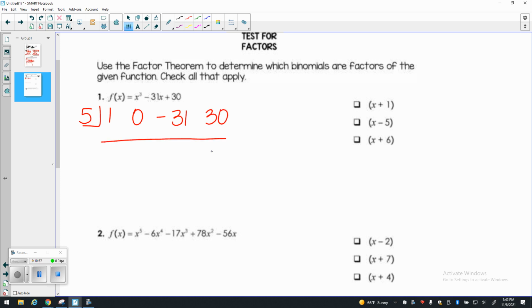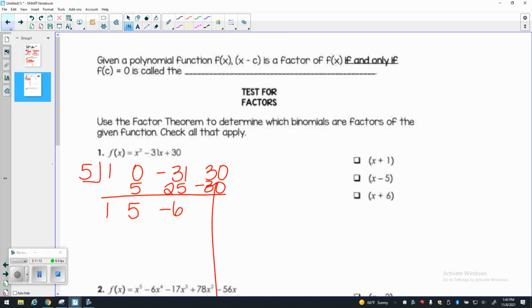Because the other one didn't work. 1, 5, 5, 25, negative 6, negative 30. What's the remainder for this one? 0. So is x minus 5 a factor? Yes, x minus 5 is a factor.